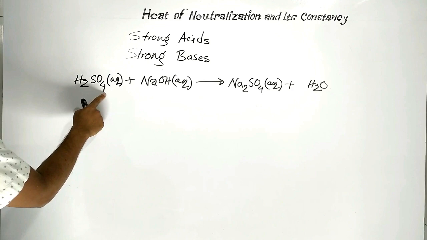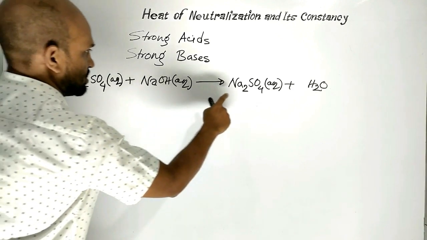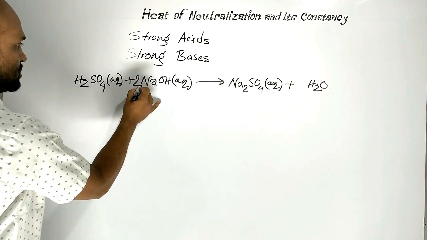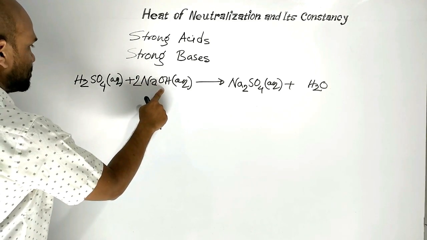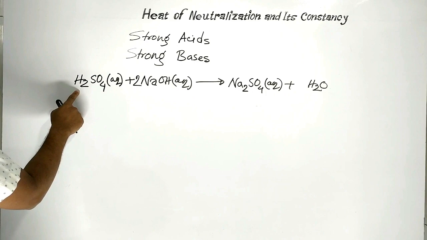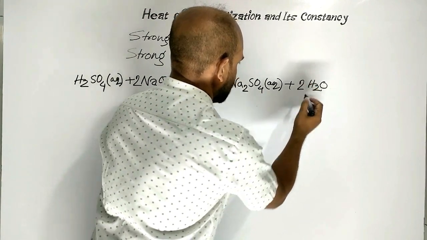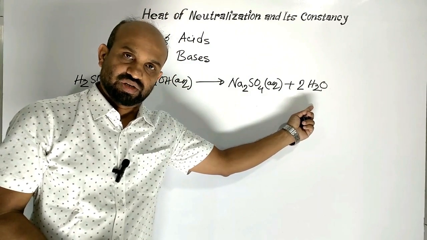Let us balance the reaction. Here 2 sodium ions, so 2 sodium hydroxide, then 2 hydroxide ions and 2 hydrogen atoms, so actually 2 moles water are formed here.